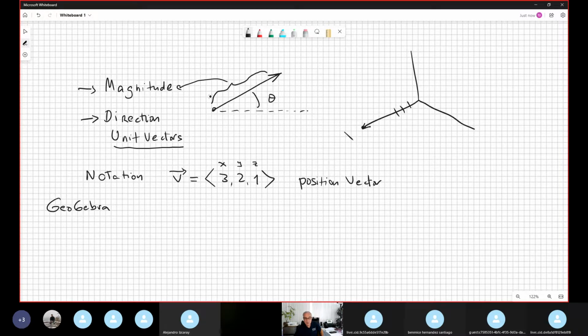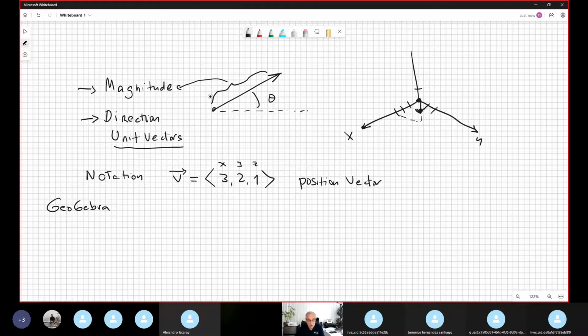This is the x-axis, 2 here, 1, 2, and the y-axis, and 1 in the z-axis, and we connect it like a point, exactly the same. But the problem is that you connect this point and the origin like a vector, and this is called a position vector. So when you're talking about a position vector, it is a vector connecting a specific point, exactly as we were doing before, and the origin.